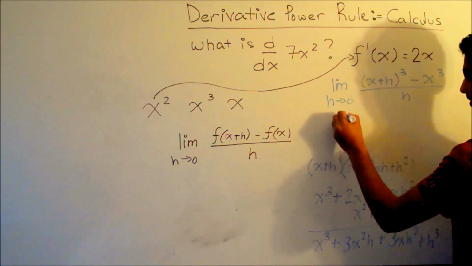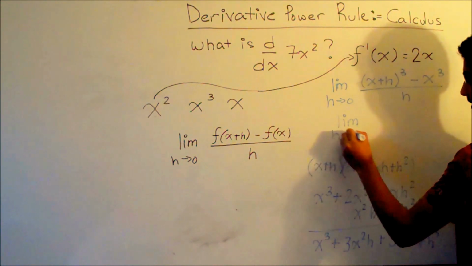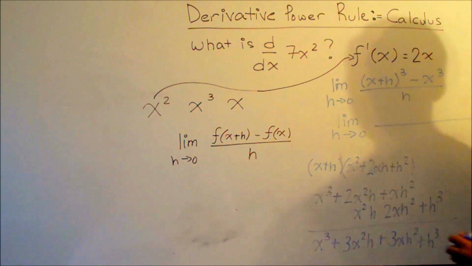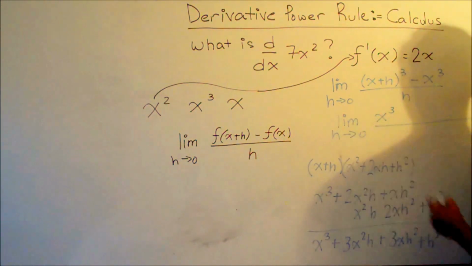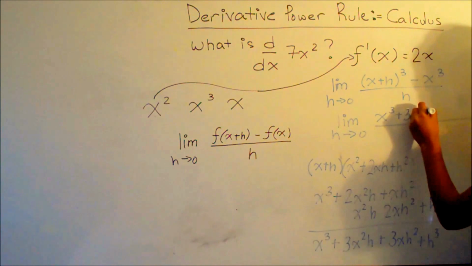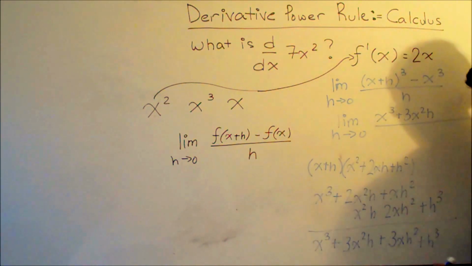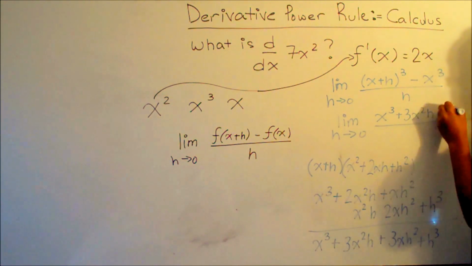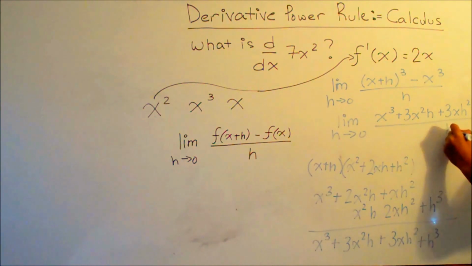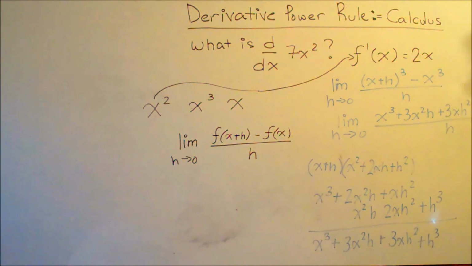So we get the limit as h approaches 0 of x cubed plus 3x squared h plus 3xh squared plus h cubed minus x cubed all over h. So you can take a moment to look at this.